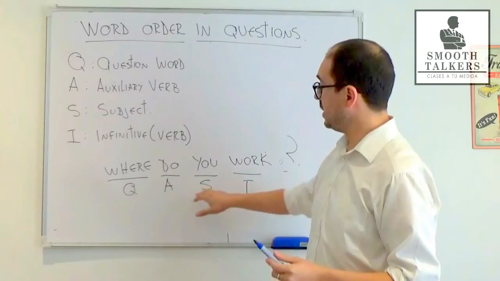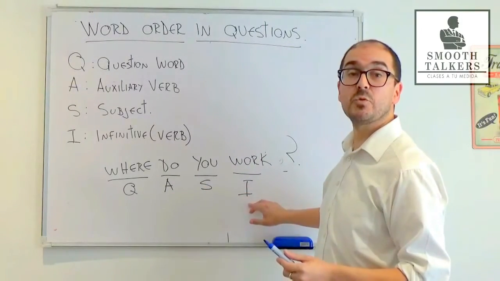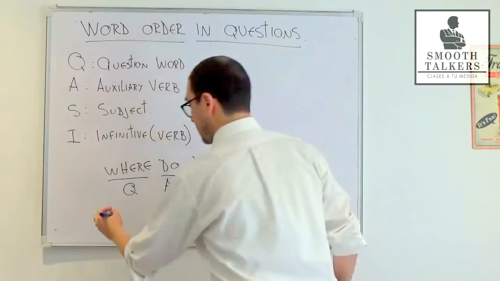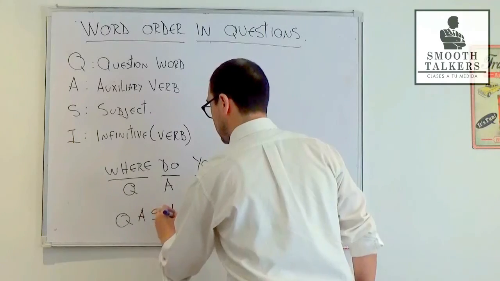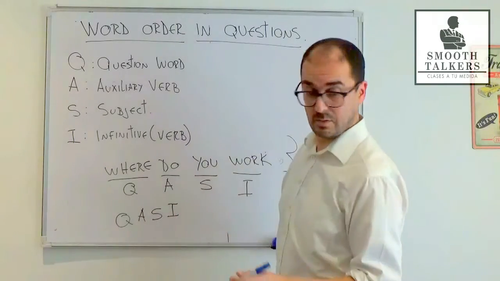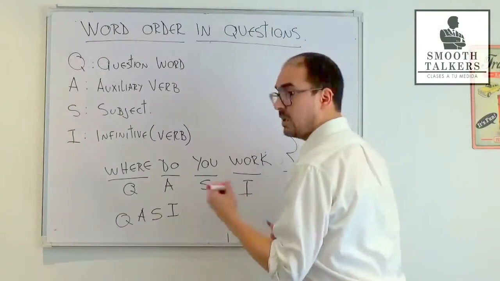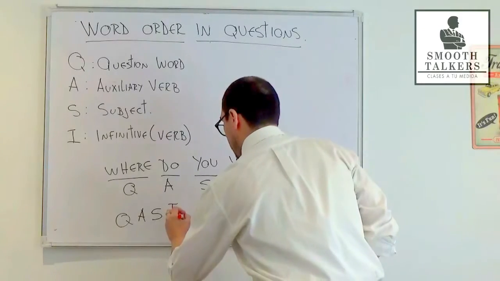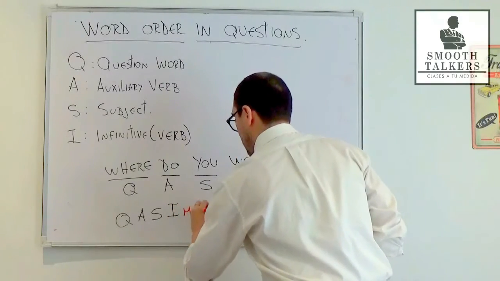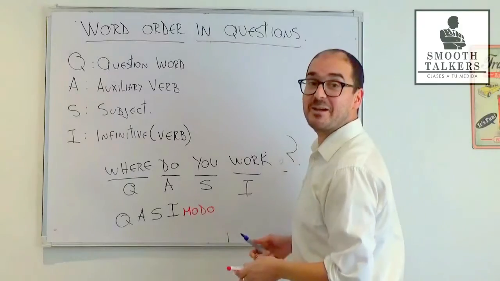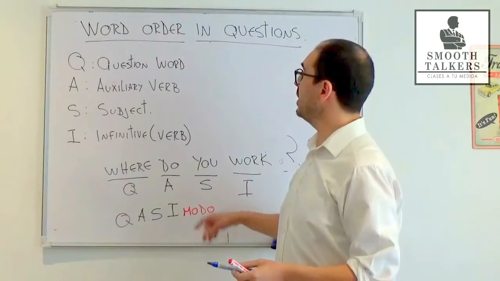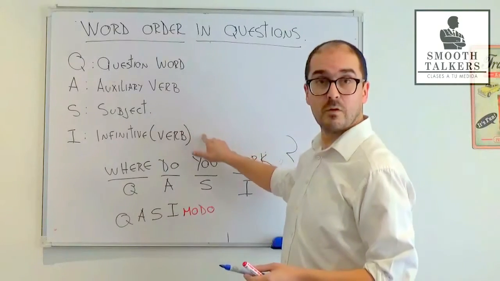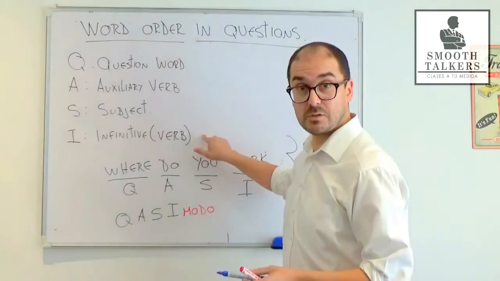So this is a formula very easy to remember. You just need to remember this: Q, A, S, I. And everybody has seen The Hunchback of Notre Dame, so Quasimodo is a very nice way to remember it. Okay? You remember this word, you remember the correct order for words in questions.